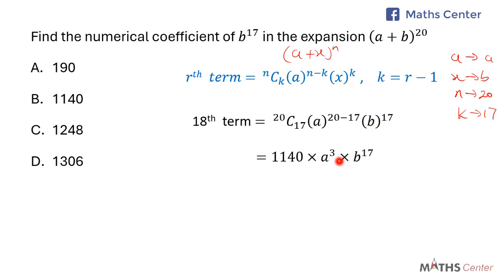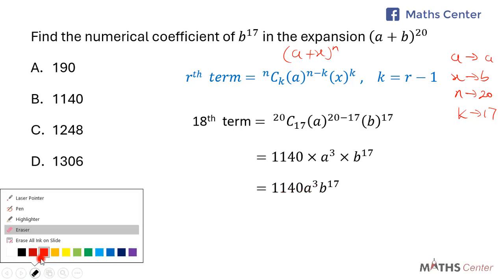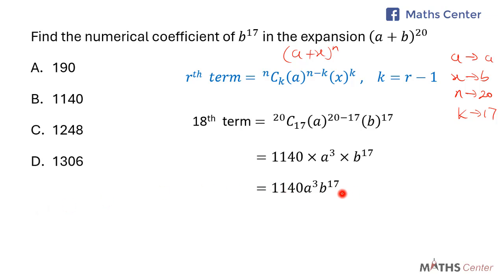So this gives us 1140 a exponent 3 b exponent 17. So the numerical coefficient, that is the number in the term, is 1140. When we look through the options, we can see that the correct one is B, 1140.